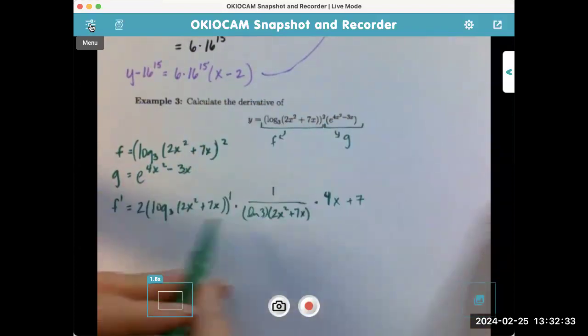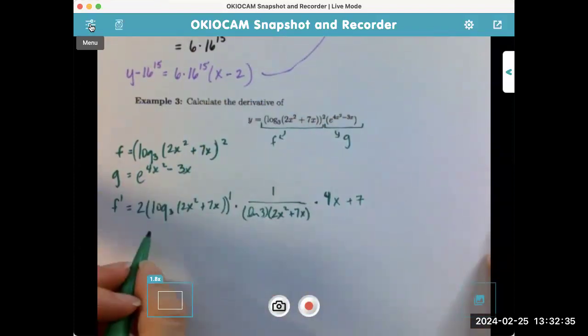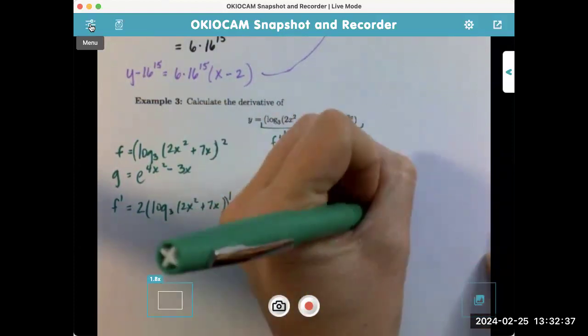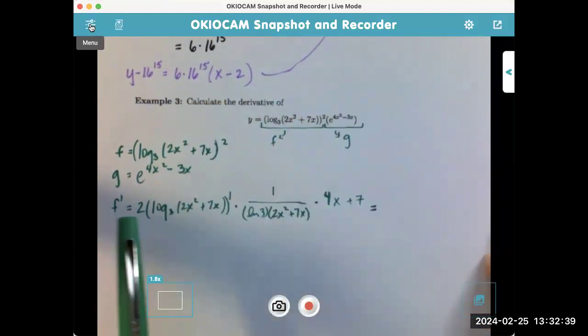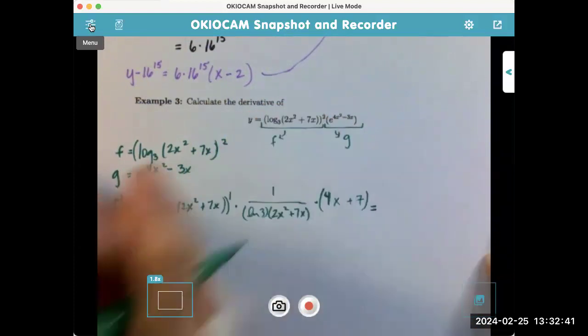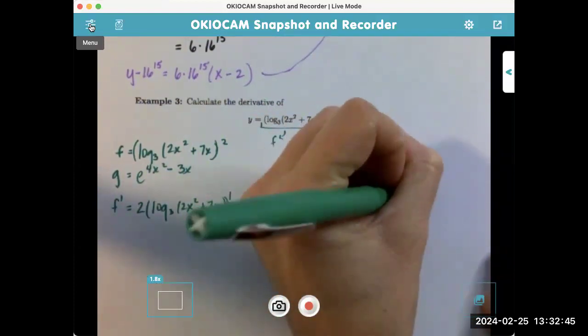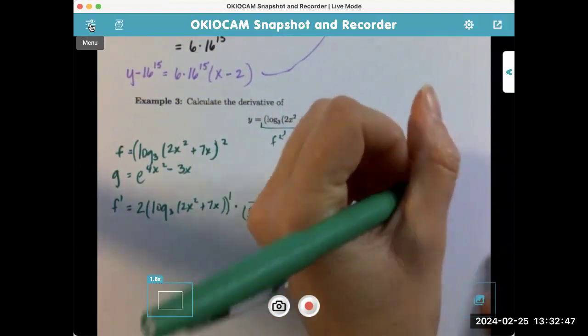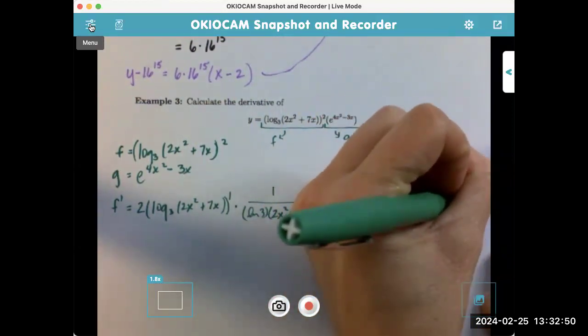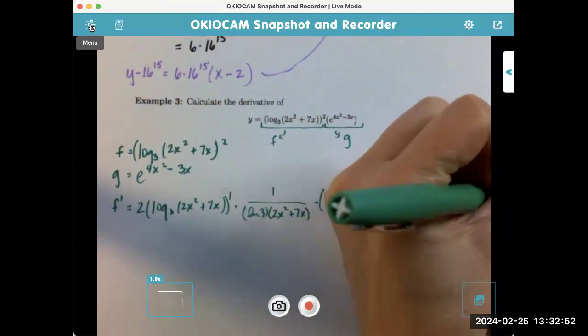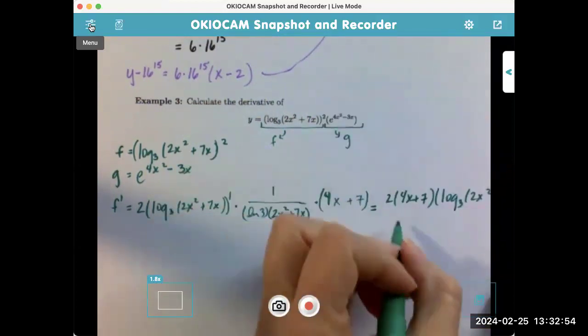Ooh-wee, ugly, ugly. That's okay. So all in all, we've got, let's see. This is 2 times, I'm going to move the 4x plus 7 to the front, times the log base 3 of 2x squared plus 7x.